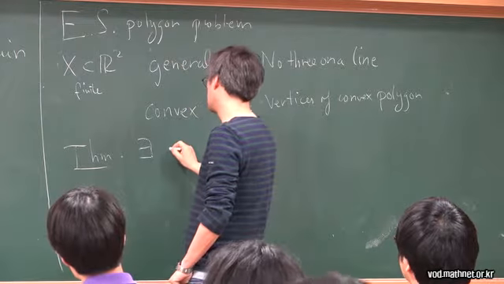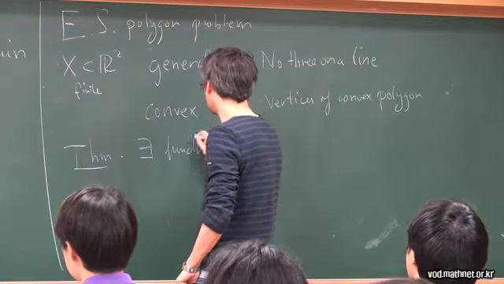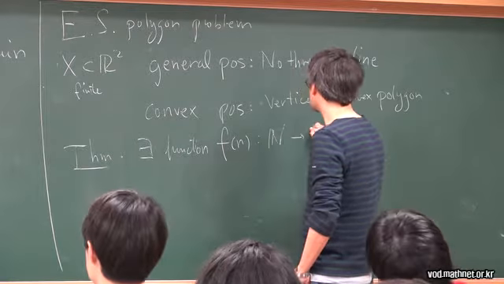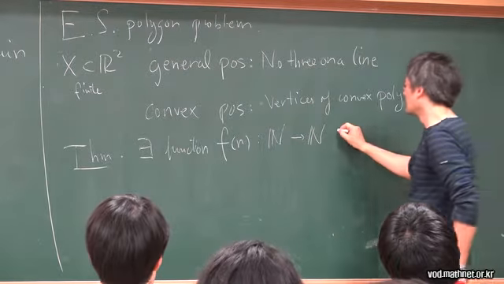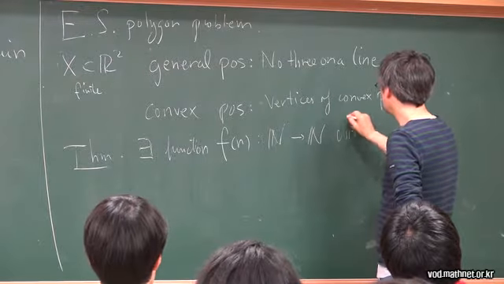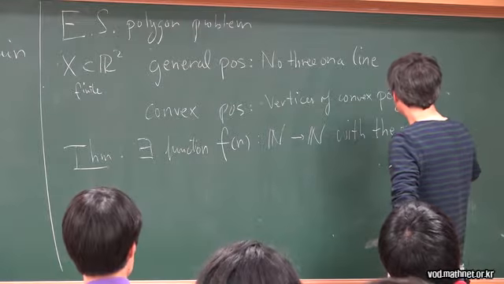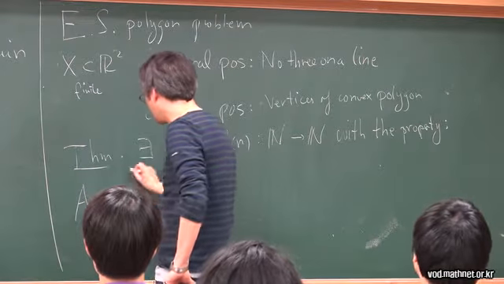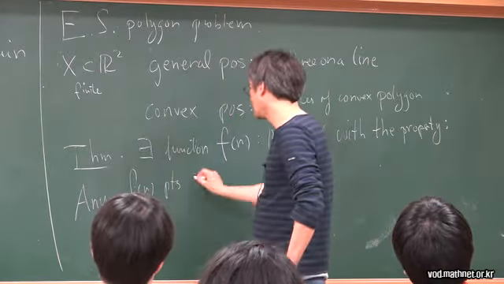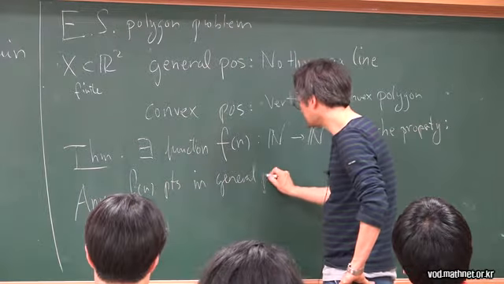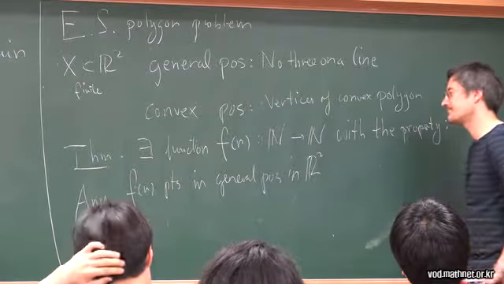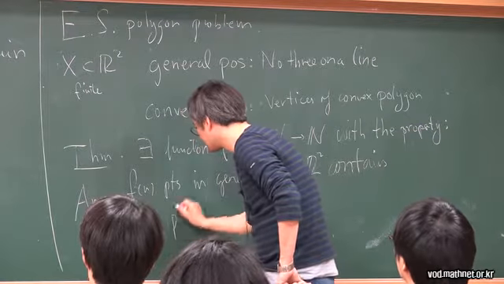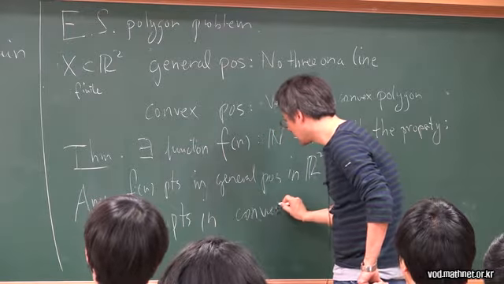There exists a function, let's call it f of n, a function from the naturals, with the property that any f of n points in general position in the plane contains n points in convex position.